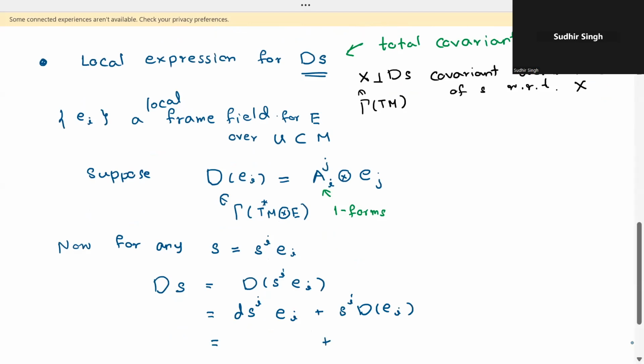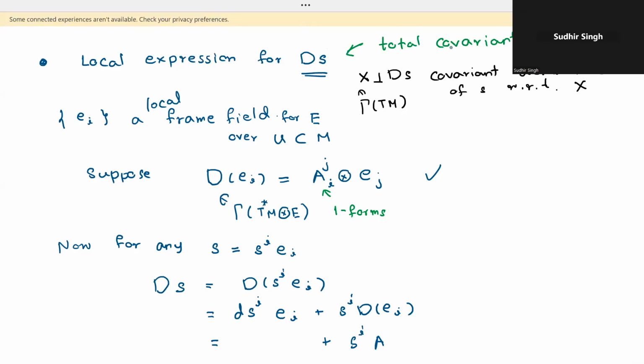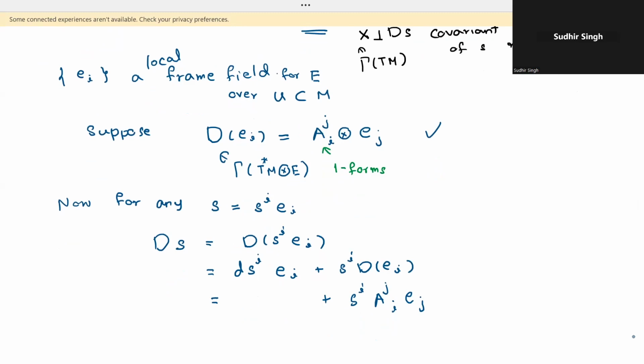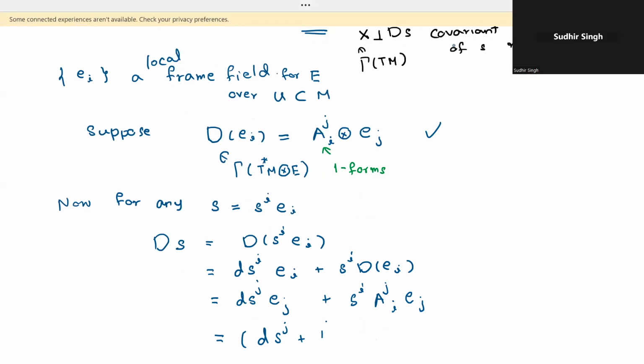For the second term, we suppose for some one form A^J_I, it will be this, times E_J. And on this term, I'm just changing the dummy index to J, just so that I can write it together, like this.